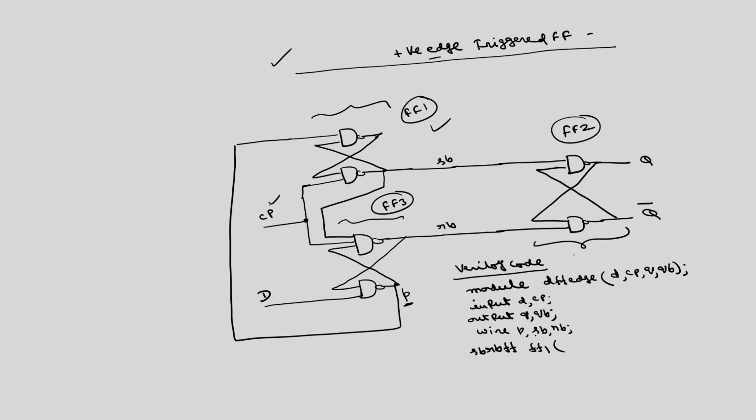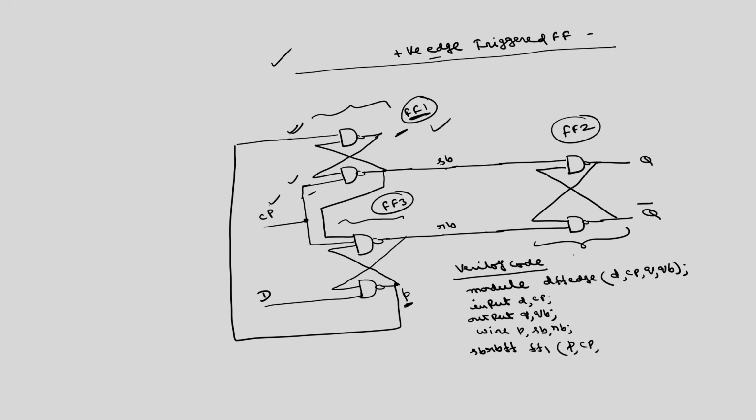So, flip flop 1, this one. If you consider this flip flop 1, the inputs are, this is one input, this input is we are calling as P, this input is Cp. P, Cp, outputs are Q and Q bar.